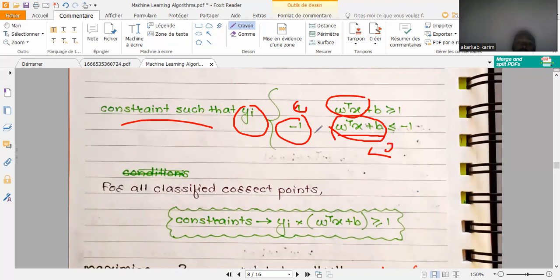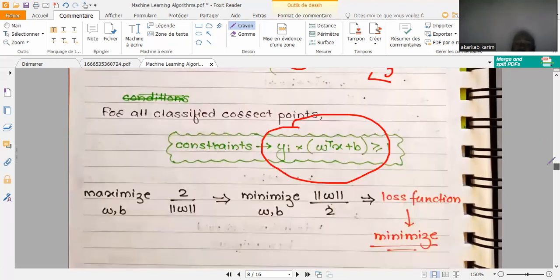Minus 1 times minus 1 is equal to 1, which is right. And if Y is positive, Y is 1, and this thing is also positive, 1 times 1 is greater or equal to 1, which is also right. I mean, this condition should always be positive in any case. I hope that's clear for you.